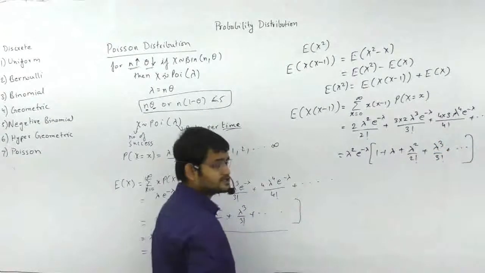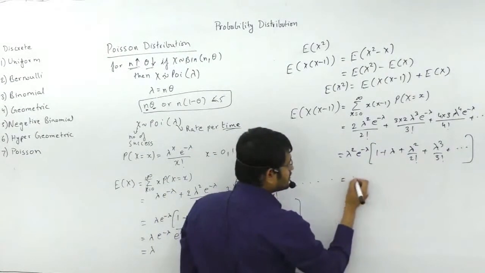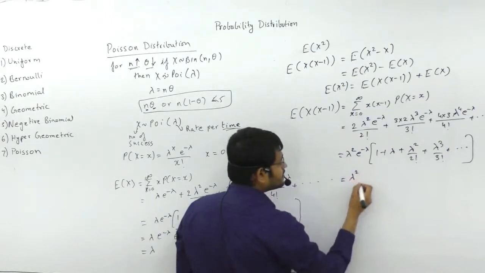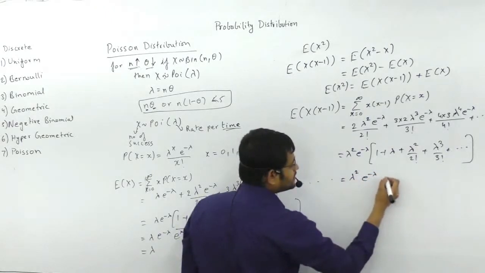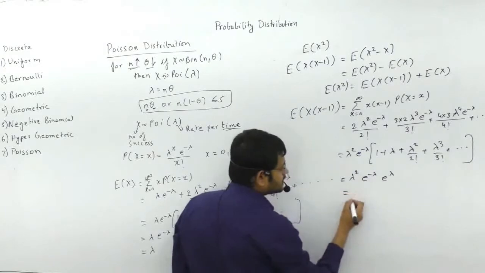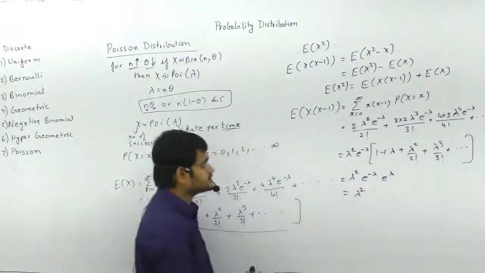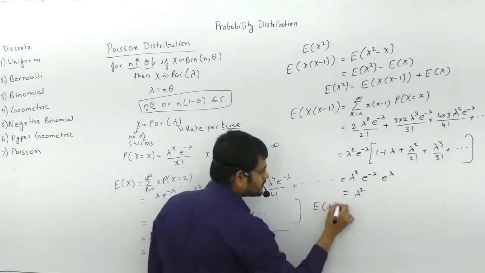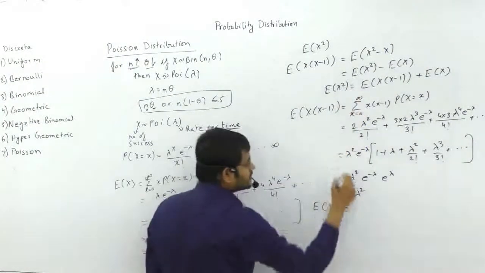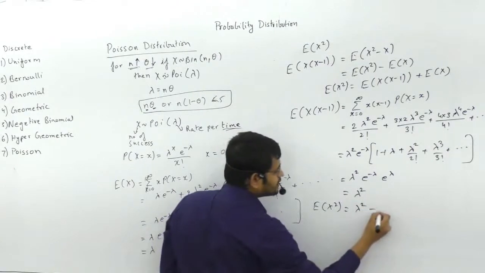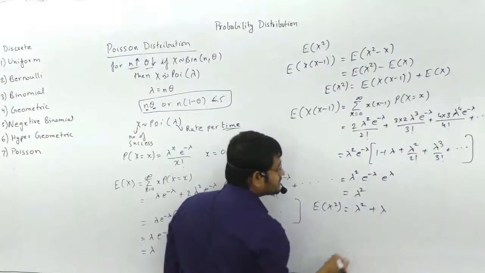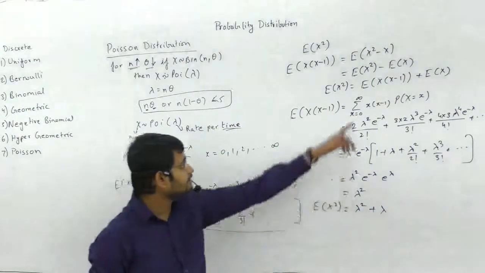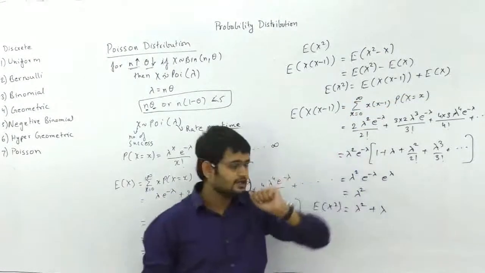This is again an exponential expansion. So we get lambda square e raised to minus lambda e raised to lambda, that is nothing but lambda square. So the expected value of x square is lambda square plus lambda.